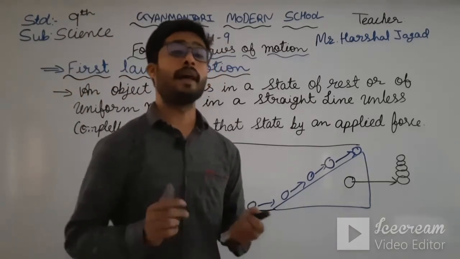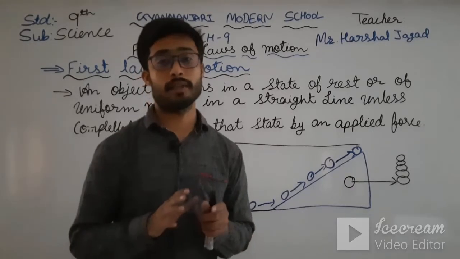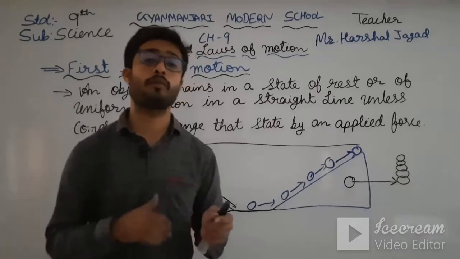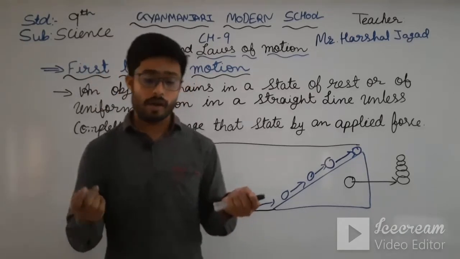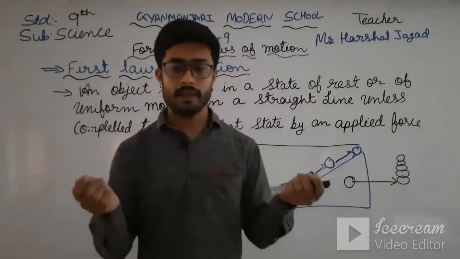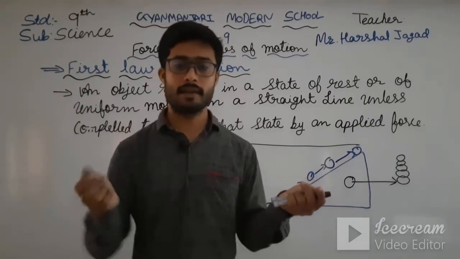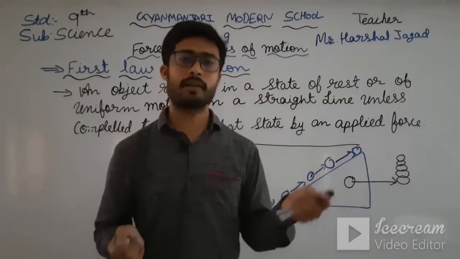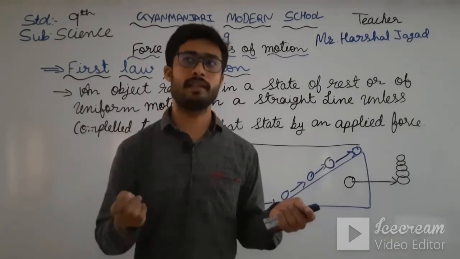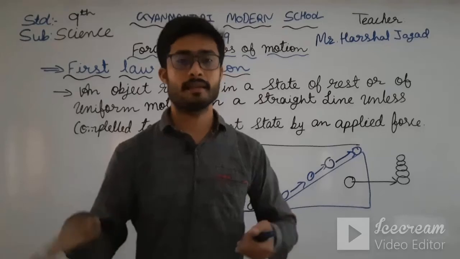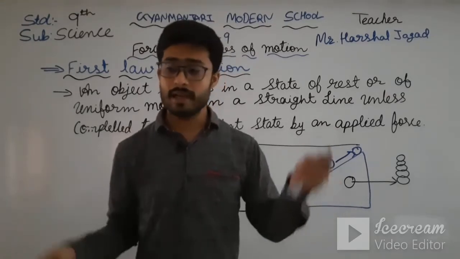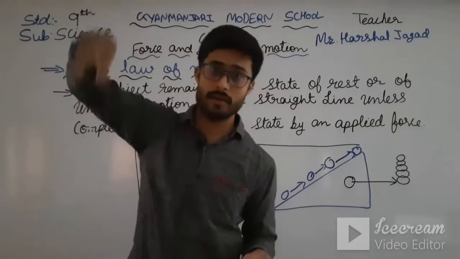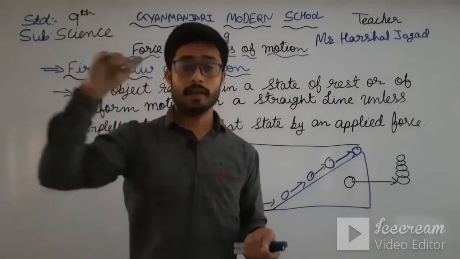Okay students, now it's time for your homework. Before that, I will just tell you about activity 9.3, what it was. If we take a string and put the glass on it and then move it, you have also seen some of the videos on YouTube or Instagram, where they are moving the glass, but the glass is upside and the water is not coming out.